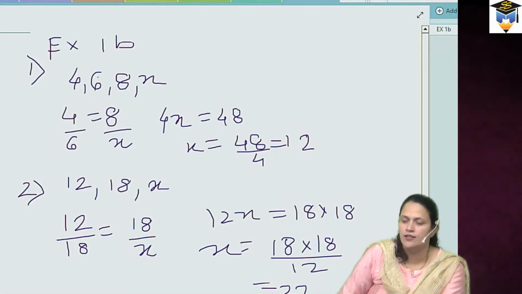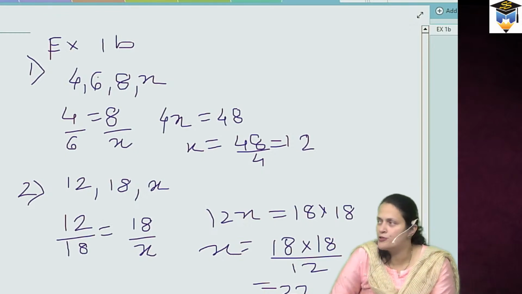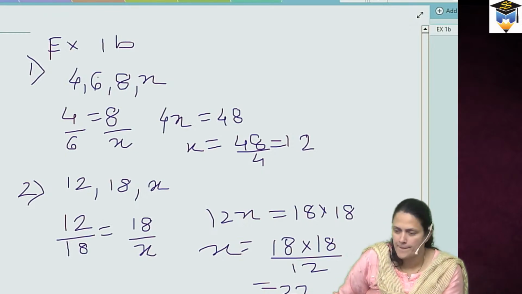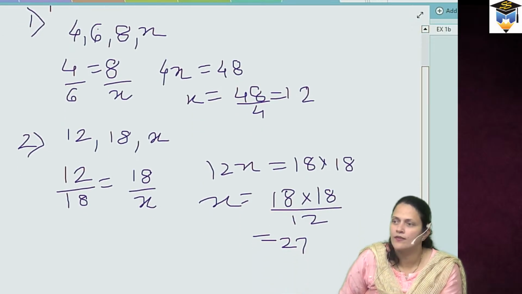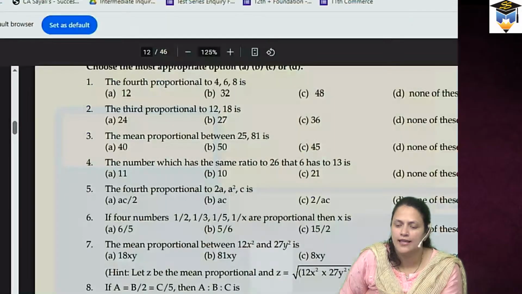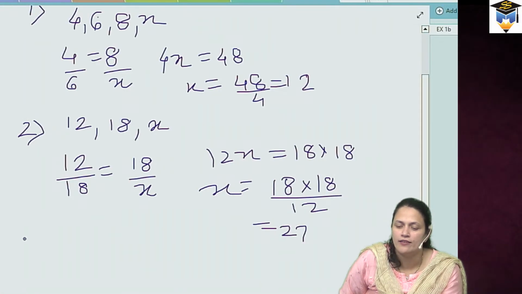Option B for the second question. Next, third question. The mean proportional between 25 and 81. Yes, please solve it.